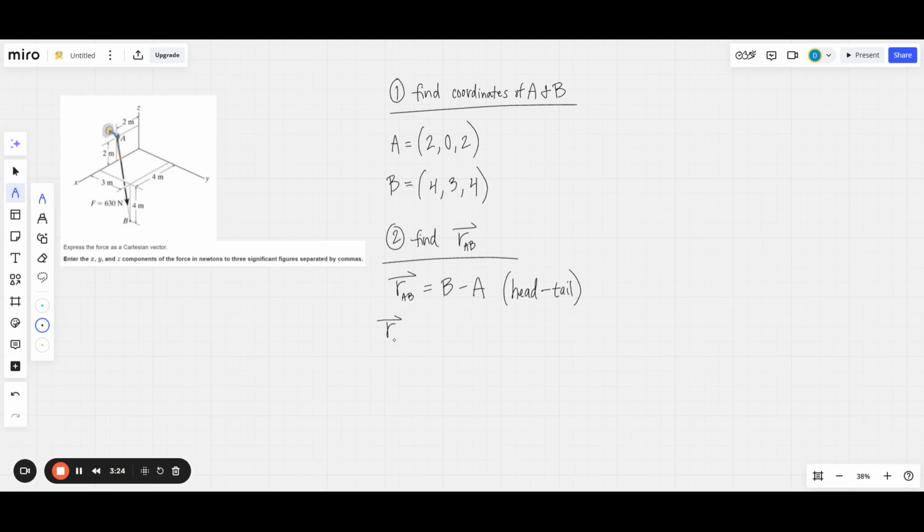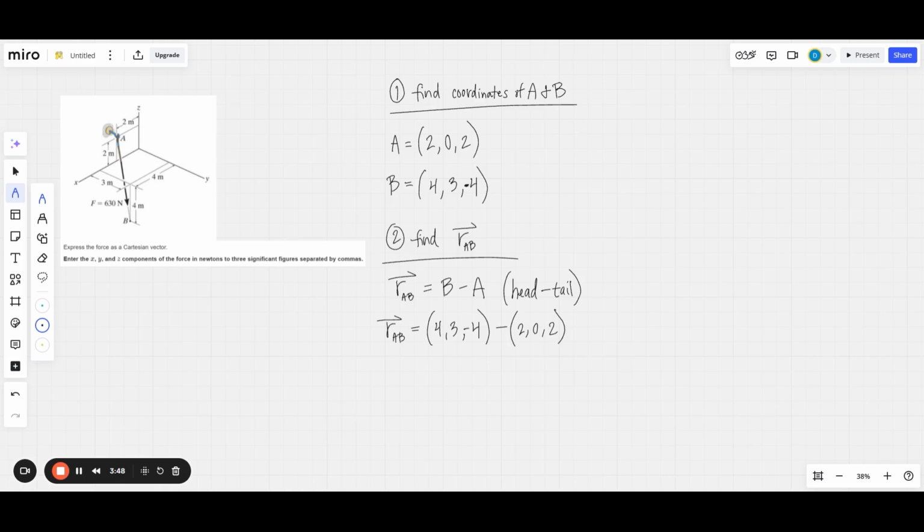So B is 4, 3. Oops, this is supposed to be negative. Make sure you have that correct. -4 minus A, which is 2, 0, 2.